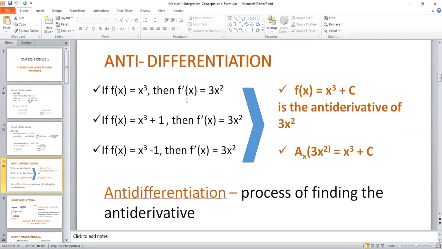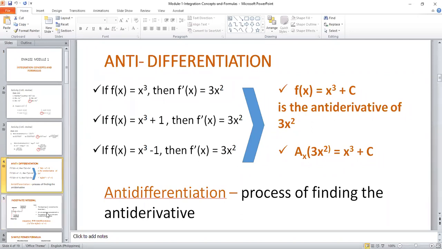So let's say, for example, if f of x is equal to x cubed, we've learned from your differential calculus that its first derivative is 3x squared, right? In another expression, if we add 1 to the original, x cubed plus 1, its derivative is still 3x squared because this one is a constant, so its derivative is 0. And if instead of adding 1, we subtract 1 from x cubed, the derivative is still 3x squared.